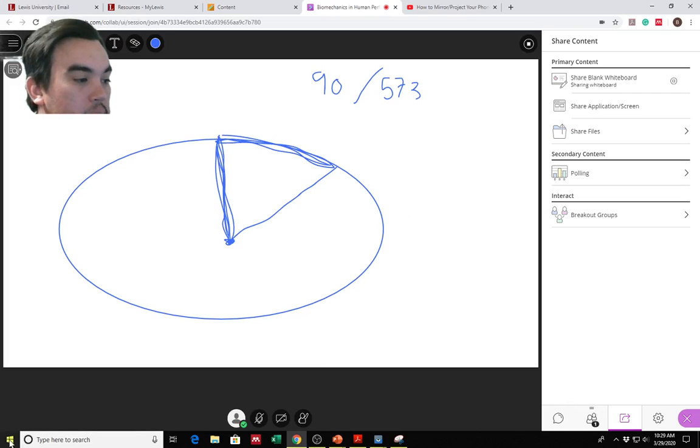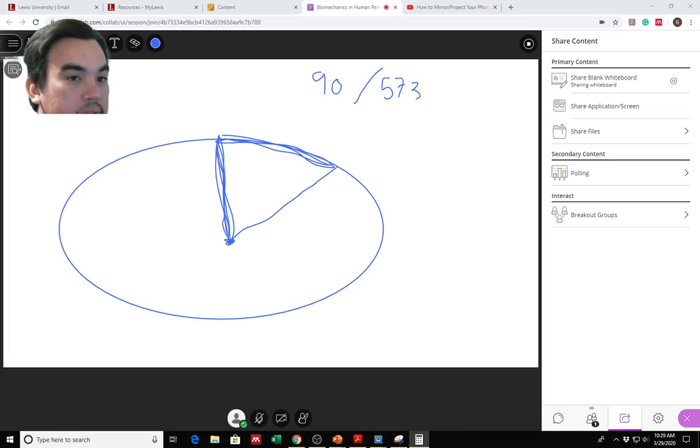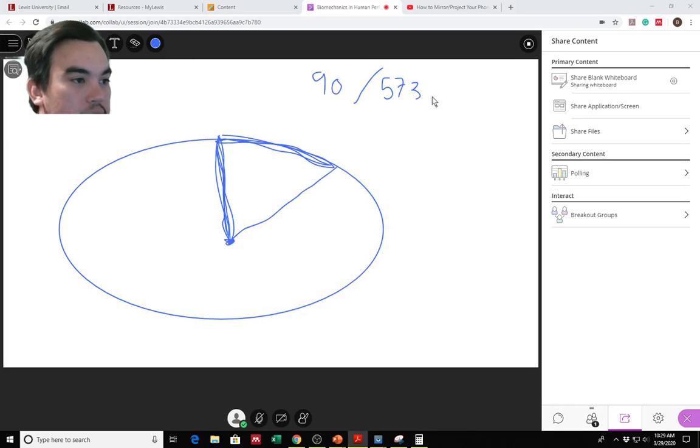Sorry, my math off the top of my head is not great. Let me find my calculator. So 90 divided by 57.3 equals 1.5 radians.